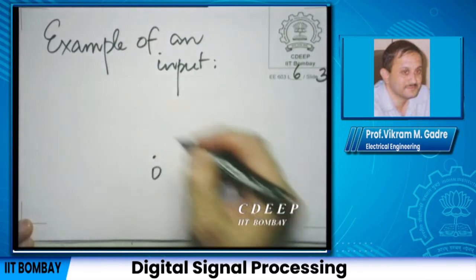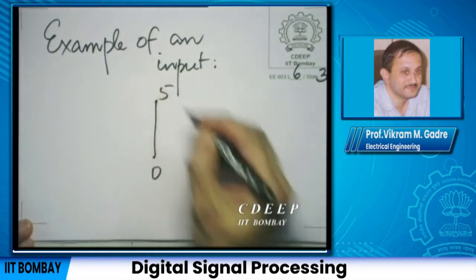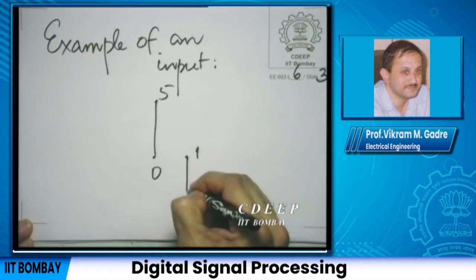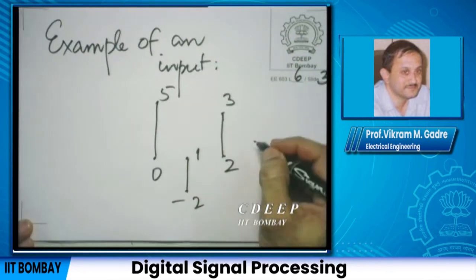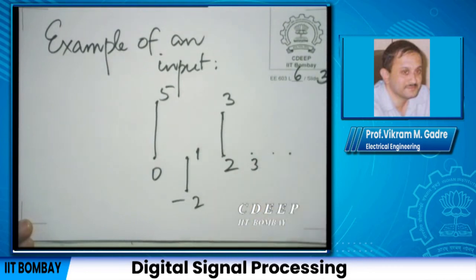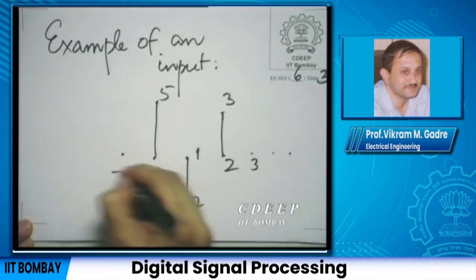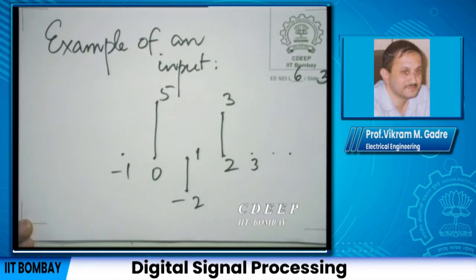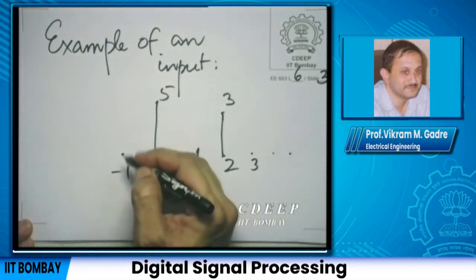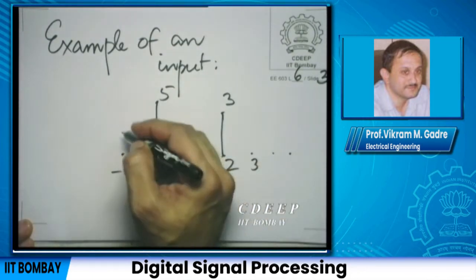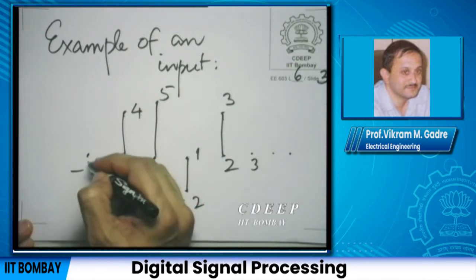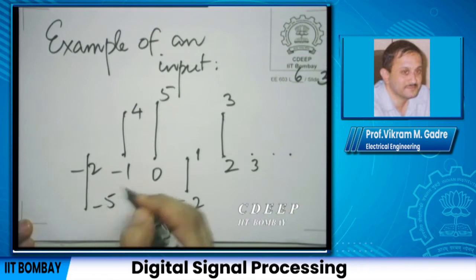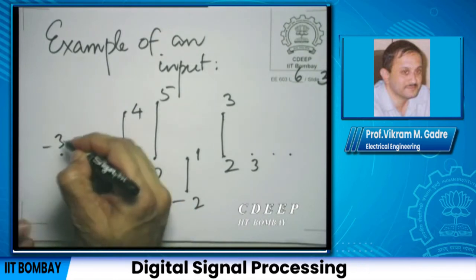At 0 let the input take the value 5, at 1 let it take the value minus 2, at 2 let it take the value 3, and for the moment let us not worry about what is present beyond 2. At minus 1 let it take the value 4, at minus 2 let it take the value, let us say, minus 5, and then let it do whatever it wants to after that.